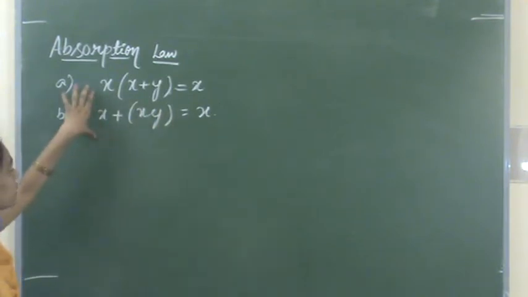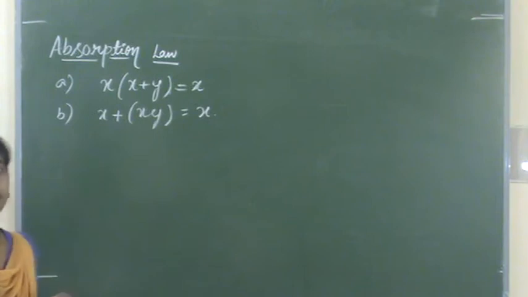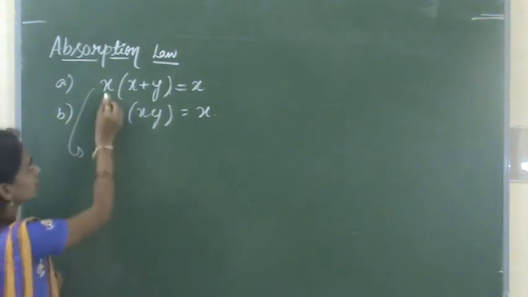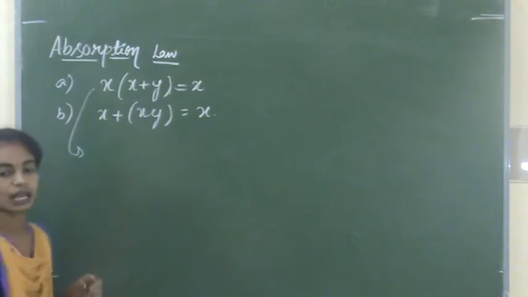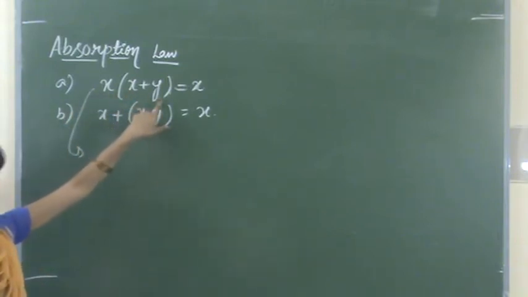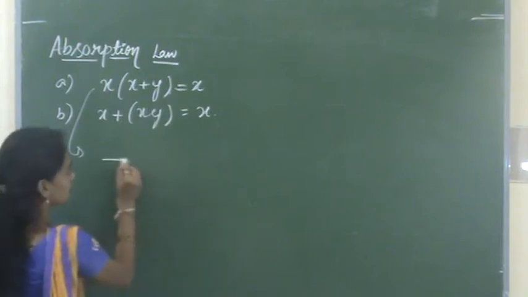So how do we write these laws in a circuit, or we can say a logical diagram? First we will see how to write it. Here we are providing two variables, x and y, so we need two inputs.